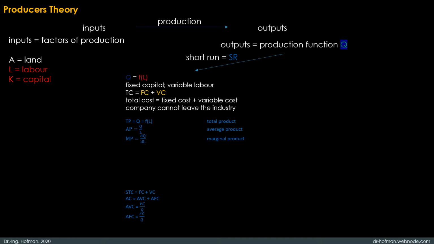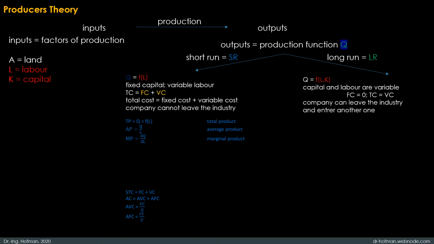In the long run, there is also capital, which is variable. So the production function is a function of labor and capital. Total cost could be simplified because fixed cost doesn't exist. We have just total cost equal to variable cost. The company can leave the industry and also enter another one.